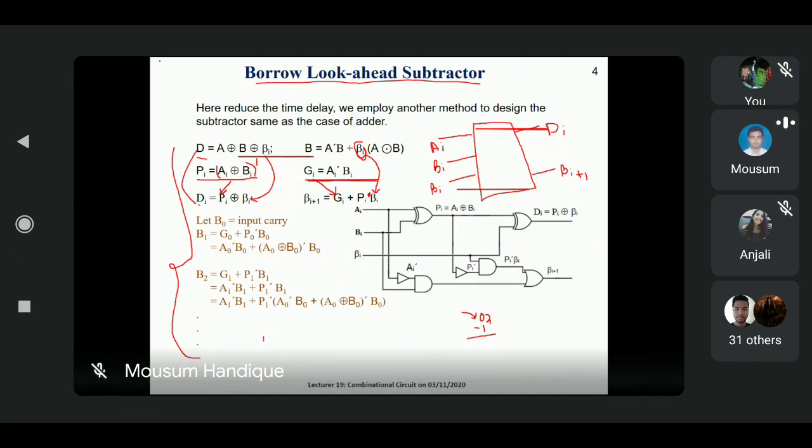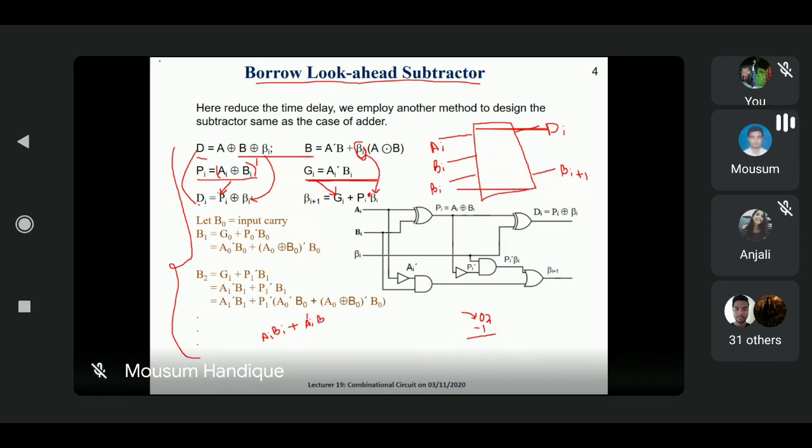Either this one is AI with BI, propagate. That means, remember, not a carry propagate. Now this one is dealing with the subtractor, so borrow propagate. So what happened? AI complement, BI complement.